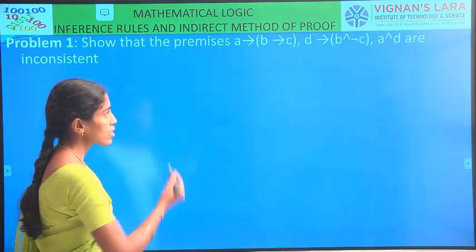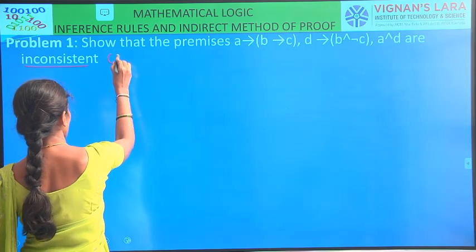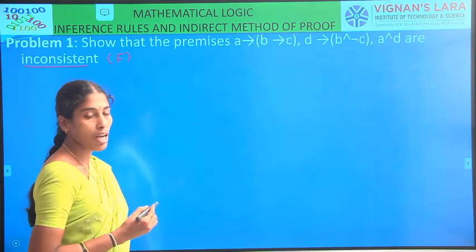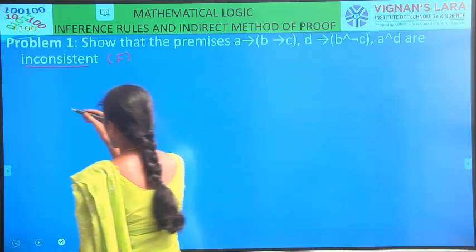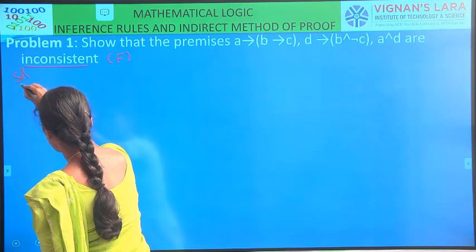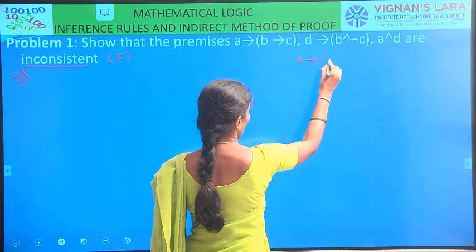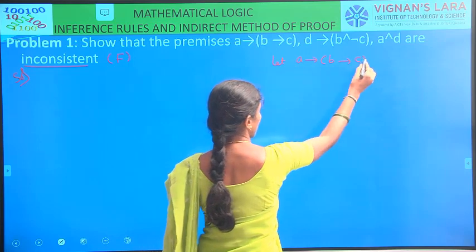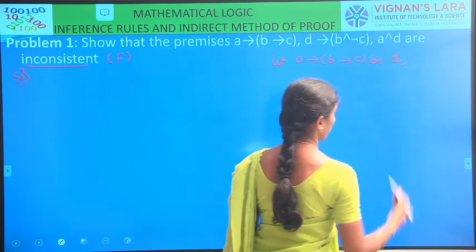Next, show that the given set of premises are inconsistent. Inconsistent means we need to prove finally that their conjunction has a truth value false. What are the given set of premises? Now we start the solution. So A conditional B conditional C, let us take it as the first premise.